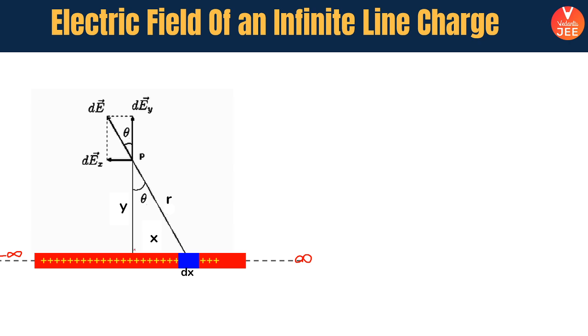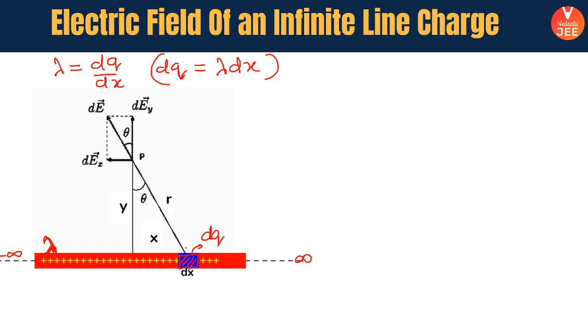The charge value is not given, but what would actually be given is the charge density lambda, because it's a linear object. This small object is a point charge, and the charge value is assumed to be dq having a small size dx. You know that lambda is charge per unit length, so dq is going to be lambda dx. I explained it to you very recently.